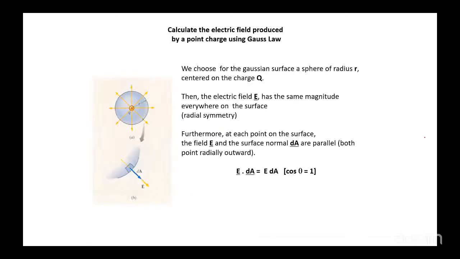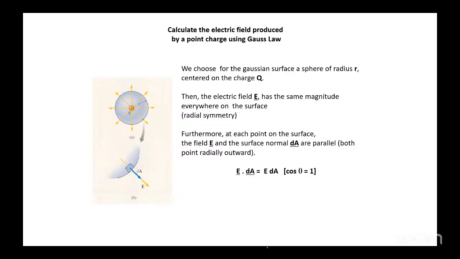So you can calculate the electric field which is produced by a point charge using the Gauss law, by choosing the Gaussian surface as a sphere of radius small r, centered on the charge capital Q. That is a positive charge, which means the lines of force of the field are outwards. So the electric field has the same magnitude everywhere on the surface.